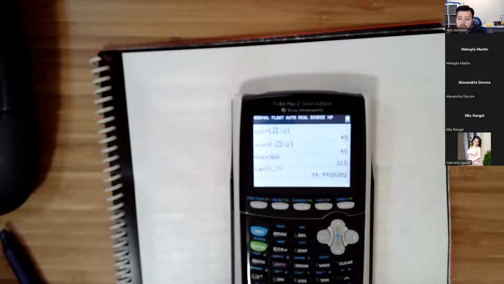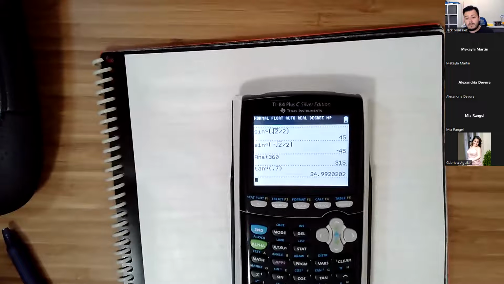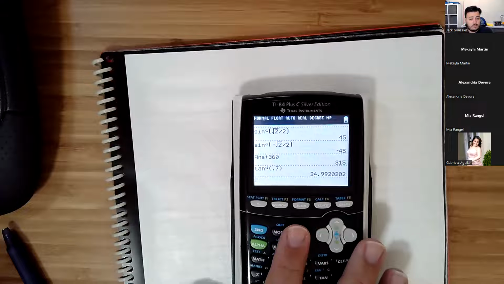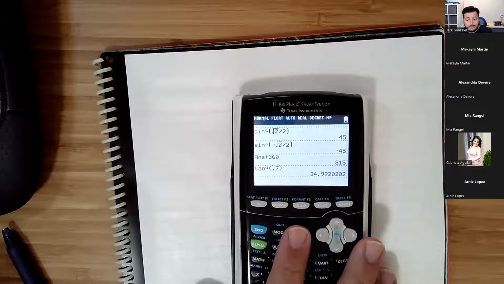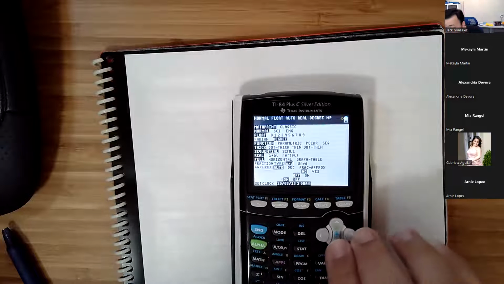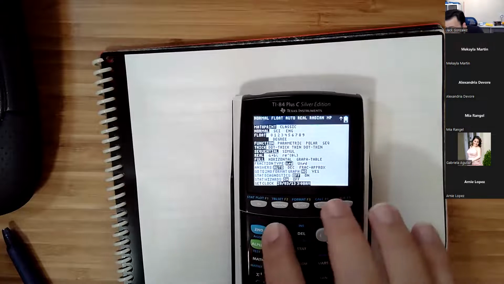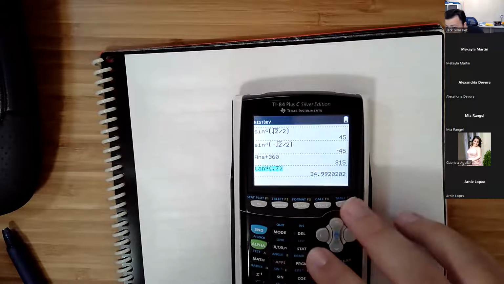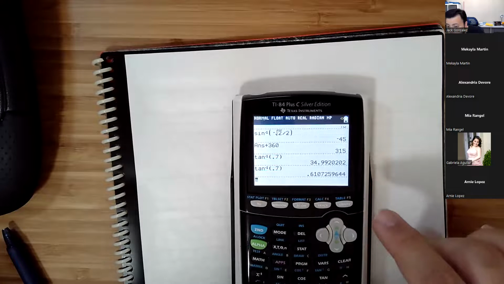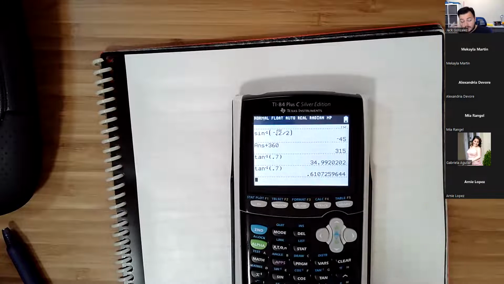Notice how if I do it in degrees, obviously I'm not going to get the right answer. So you'd have to first know that, oh okay, I had to switch modes and then redo it. See, 0.61 was the answer.